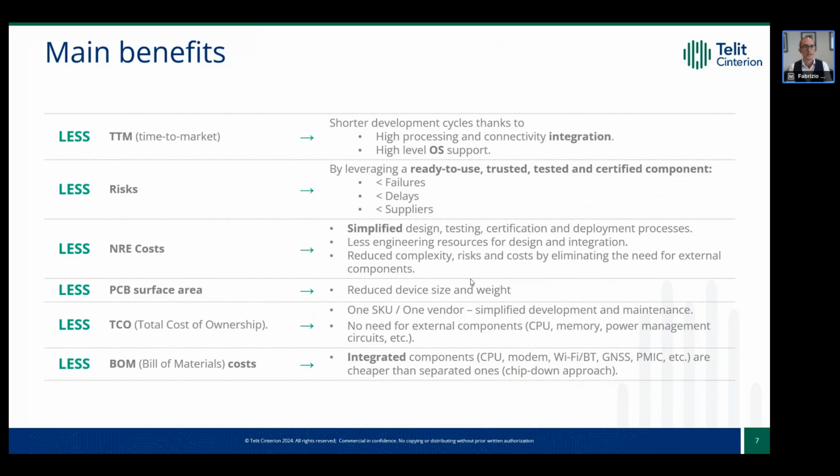Lower TCO, total cost of ownership, because you have to deal with only one SKU, only one vendor. So you don't have to deal with external components like CPU, memory, power management unit, and so on, because they are all already integrated into the smart module.